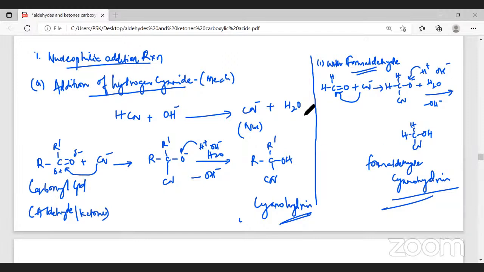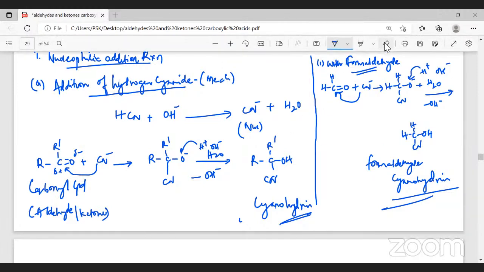Now, similar reaction. Did you follow this reaction? Yes, sir. Now, if you take acetone, what's the formula of acetone? It will be CH3, CO, CH3. So what you will get is CH3 here, here you will have CH3, and here also it is CH3.